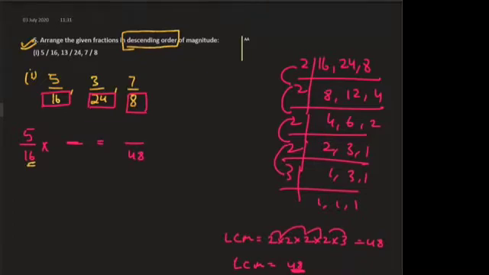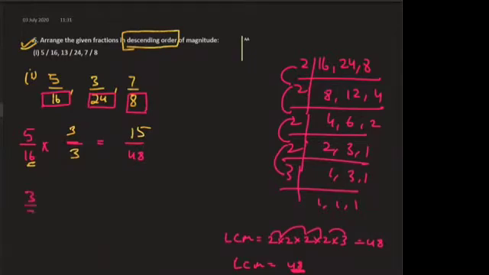By what number shall I multiply? 16 twos are 32 and 16 more is 48. That is why I'm multiplying by 3. So I have to multiply 3 in the numerator also, and 5 3s are 15.